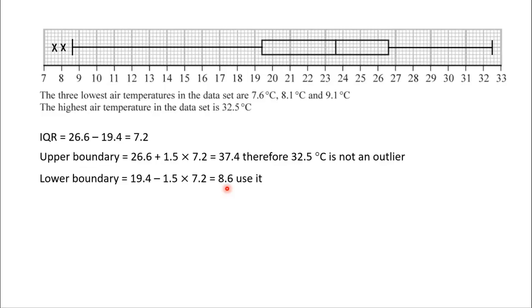So we can either plot here 8.6, which is the boundary, or because 9.1 is more than 8.6, we could also do this whisker at 9.1. You can use both answers, 8.6 or 9.1. And obviously these two numbers, 7.6 and 8.1, are smaller than the lower boundary, and therefore we have to plot them here as two outliers.